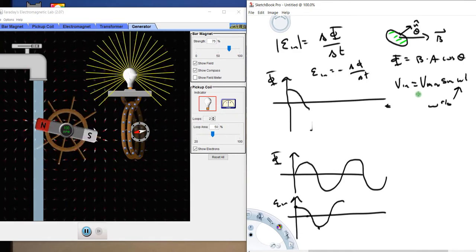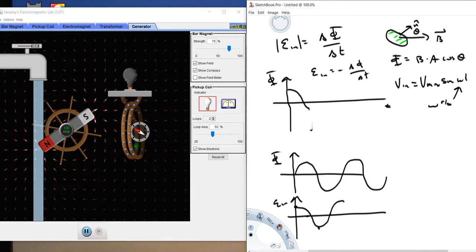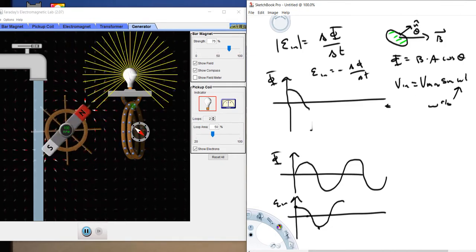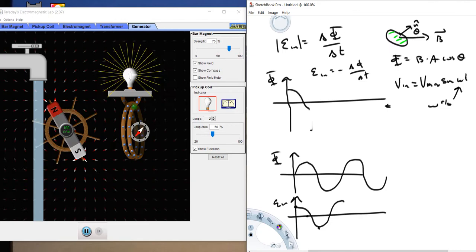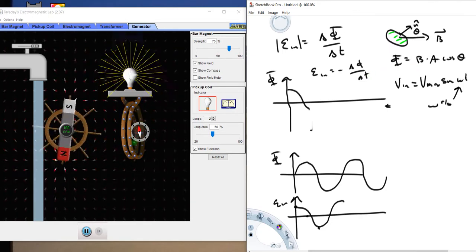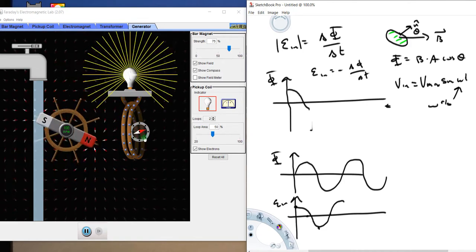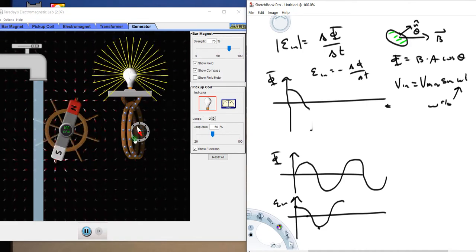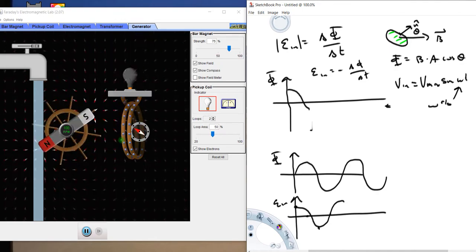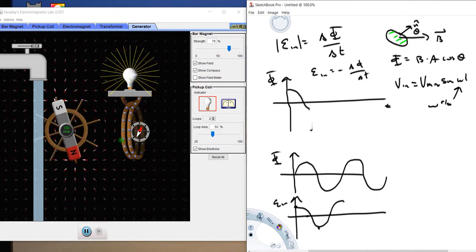Now, when we think about what's happening here in the changing magnetic flux, you notice that the area of the loop isn't changing. The magnetic field strength, well, one could argue it's kind of changing, but basically what we're doing here is changing the angle between the magnetic field and the area. And in a real schematic of a power generation, that's the one that you're actually changing.